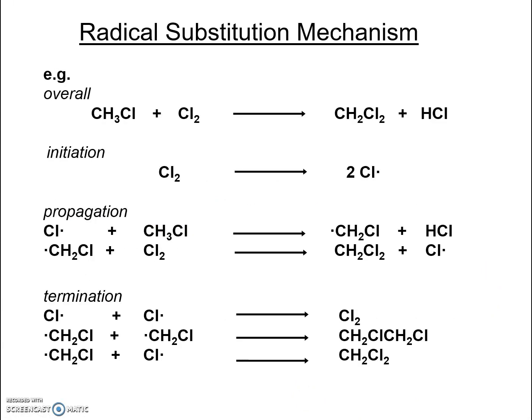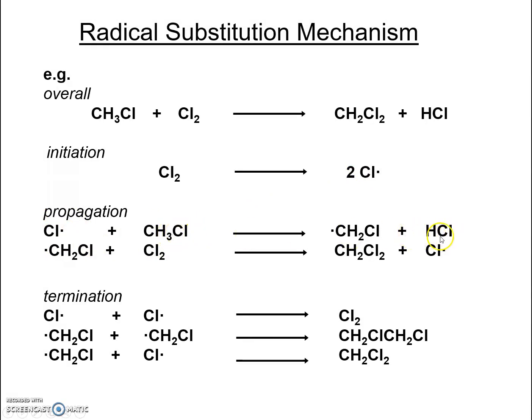So here's an example. The reaction of chloromethane with chlorine. This forms dichloromethane and hydrogen chloride. The initiation step is the same as before, breaking the chlorine-chlorine bond to make 2 chlorine radicals. The propagation steps are chlorine radical reacting with the chloromethane.